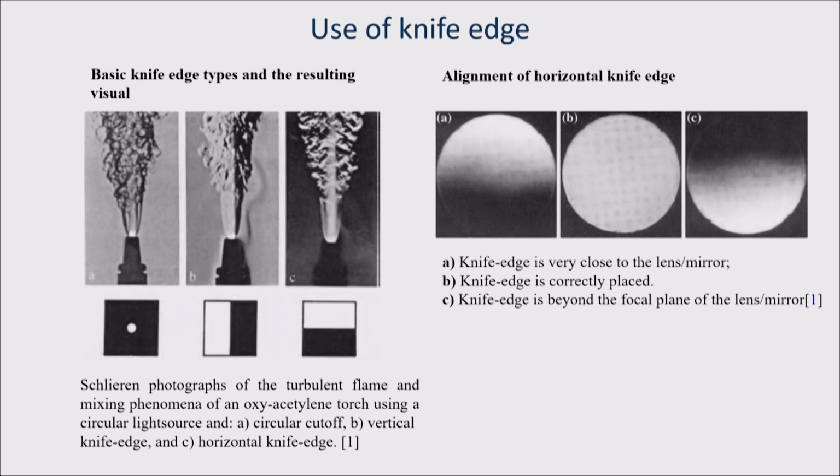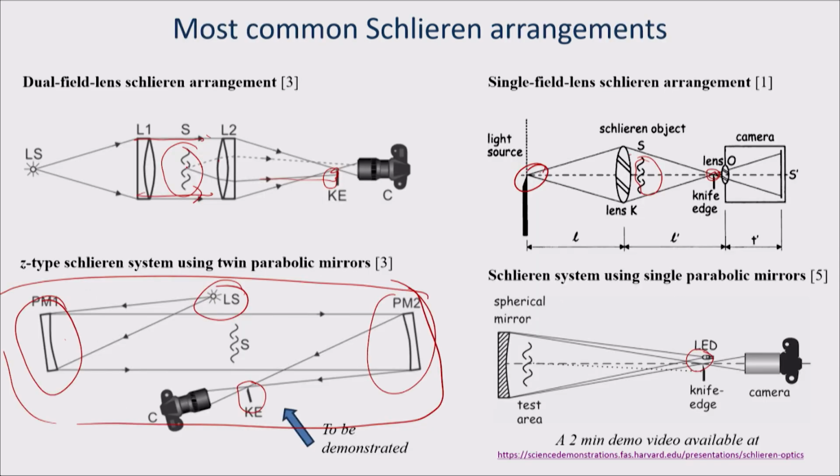In this, the mirrors are the important ones. The surface finish of the mirrors, as with all optics, has to be very good, because you need to capture very small gradients.